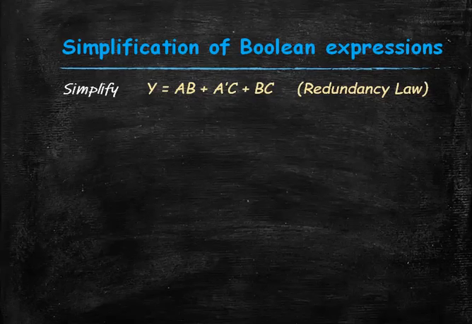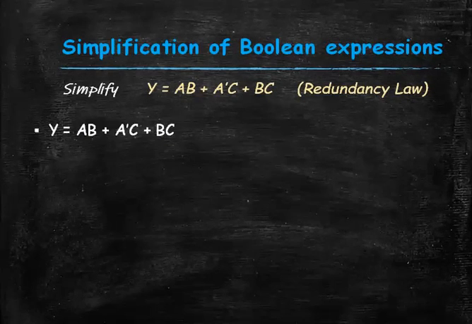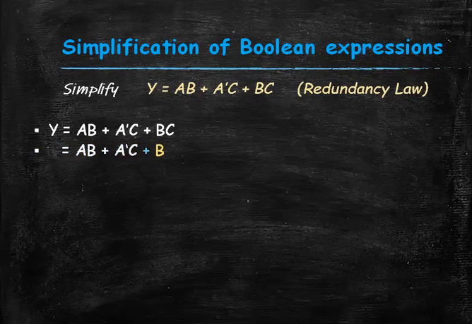Now we are going to prove that result using Boolean algebra. For that, we write AB or A bar C or BC. And here we multiply the last term by 1 and we replace that 1 as A or A bar.